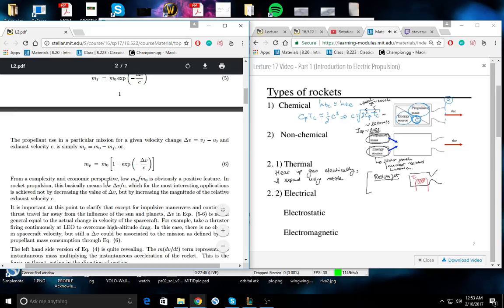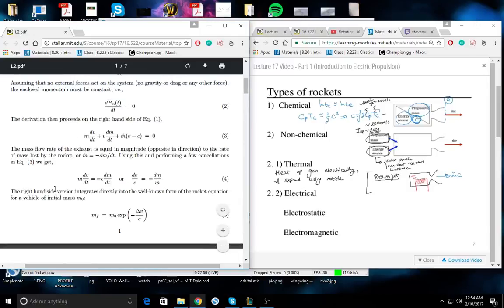And then we expand that heated gas using a nozzle. So it's very similar to the chemical rocket in that sense. And the specific impulses that we can achieve with these ones are not too high because we're limited by material limitations in terms of the temperatures.